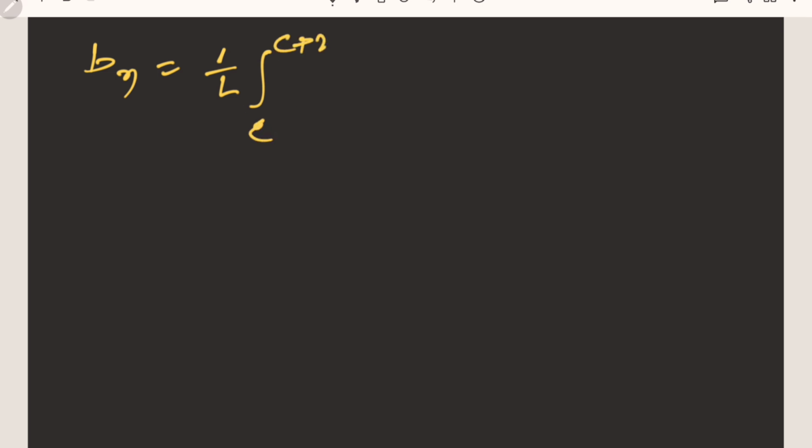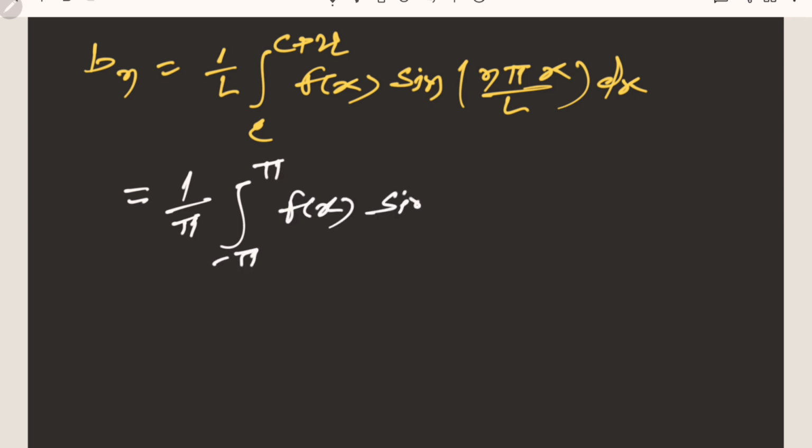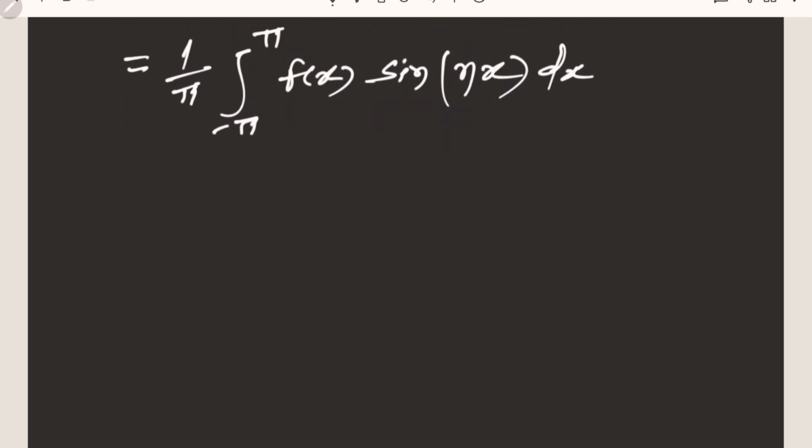Then bn is given by 1/L integration from c to c+2L f(x) sin(nπx/L) with respect to x. Substituting values, we get 1/π integration from -π to π f(x) into sin(nx), as π gets cancelled.